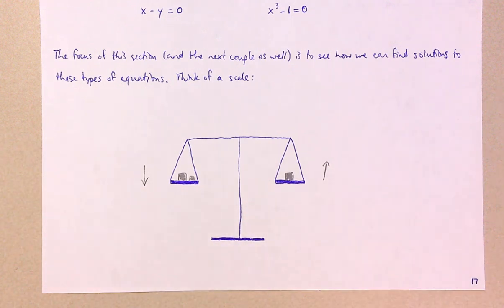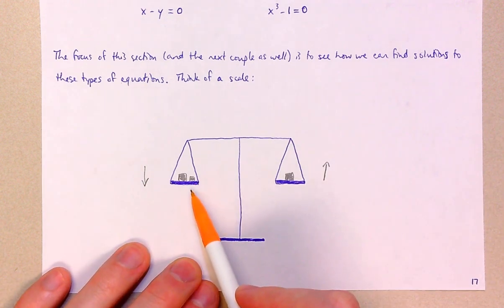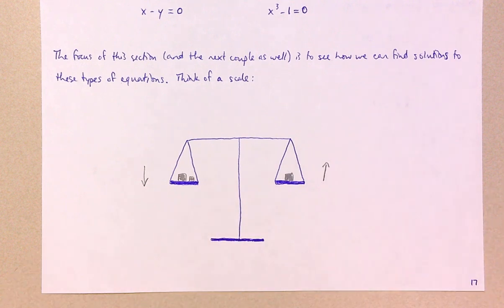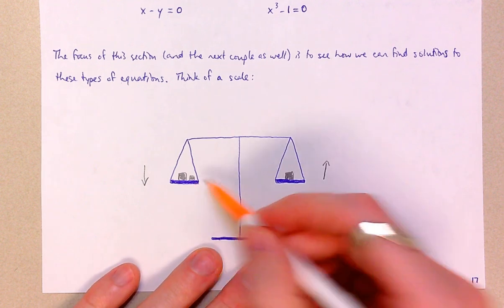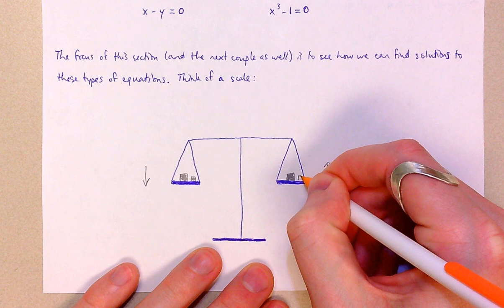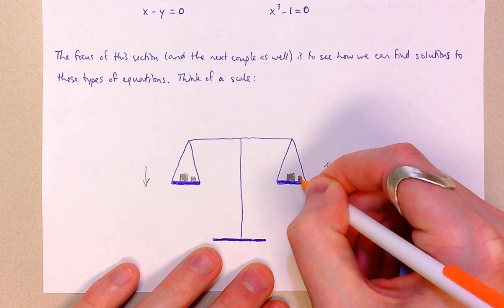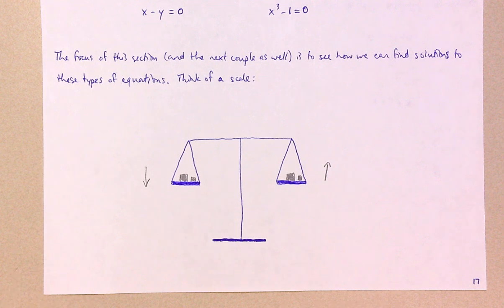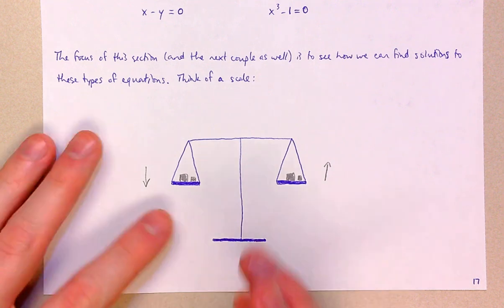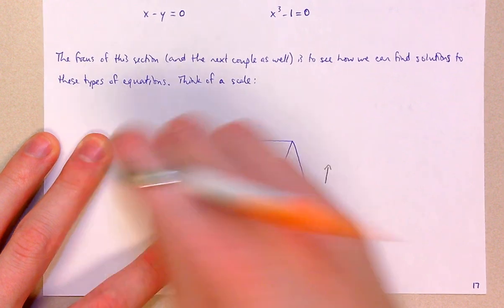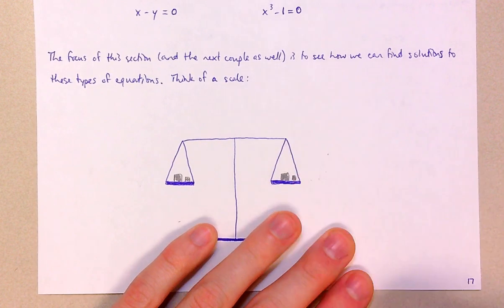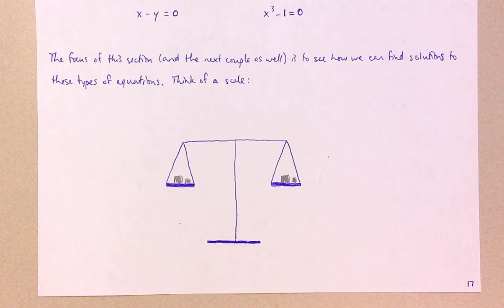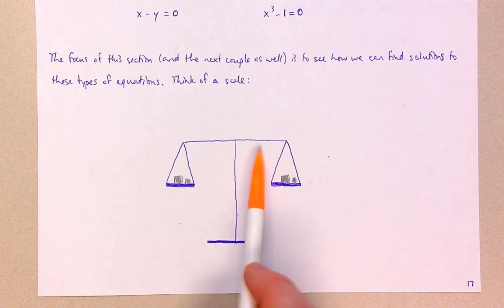I want to keep things exactly the same. I want to keep things how they were before I added this small weight. So what am I going to have to do to keep things the same? Well, I'm going to have to put that same weight over here. I have to add the same weight onto the other side so that things will stay balanced. And now those things are nice and perfectly even. They weigh the same. Therefore, that's going to be a nice flat bar.